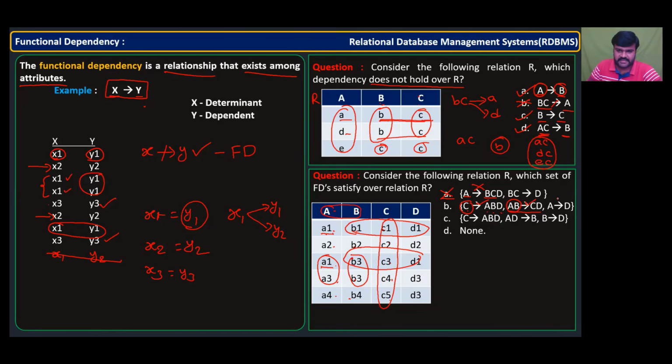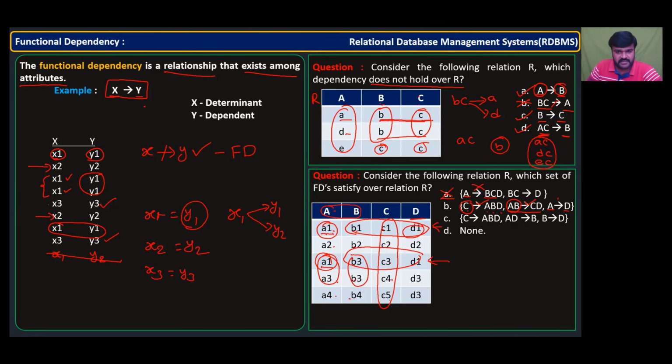Let us go for the third FD. A derives D. Let us observe A: A1, A2, A1, A3, A4. So A1 is two times. In those two times, observe D. D1 here, and here also D1.